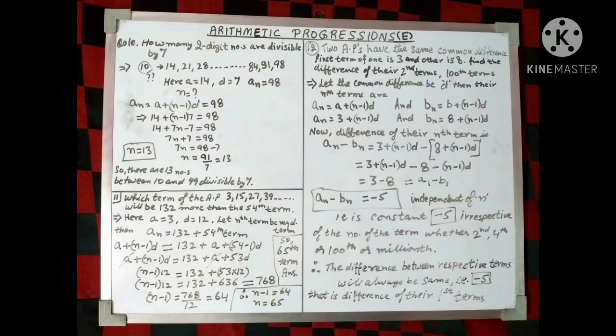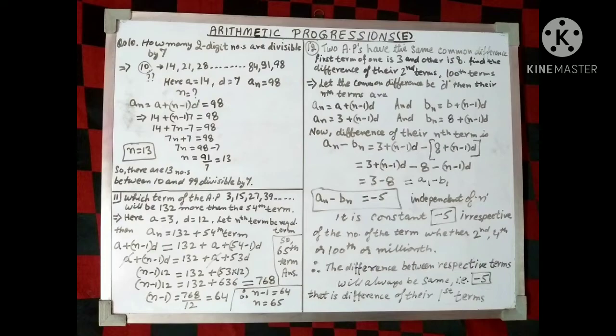So now let us suppose that the nth term is 132 more than the 54th term, right? So we will write an is equal to 132 plus 54th term. Now the 54th term is written as a plus 54 minus 1 into d.